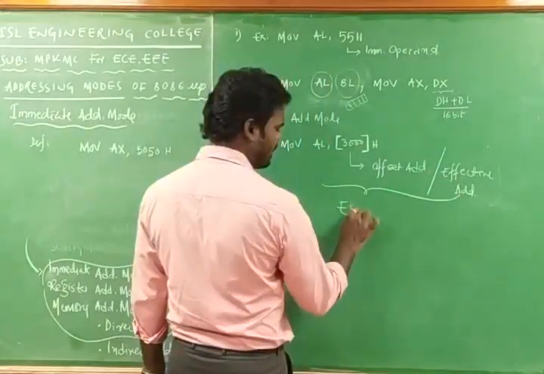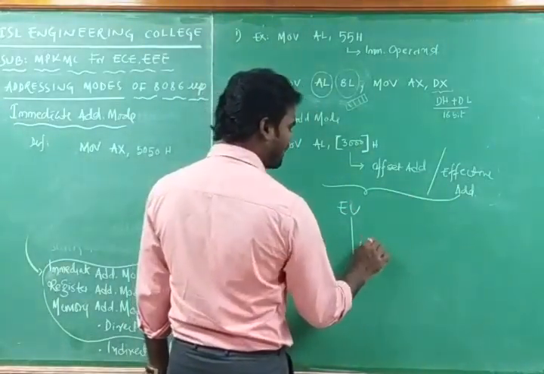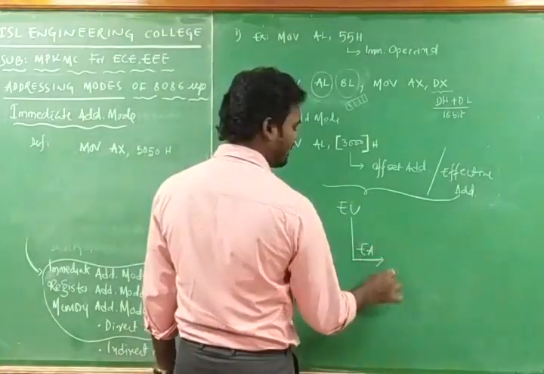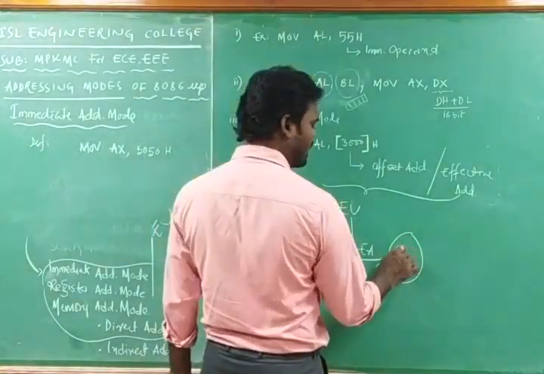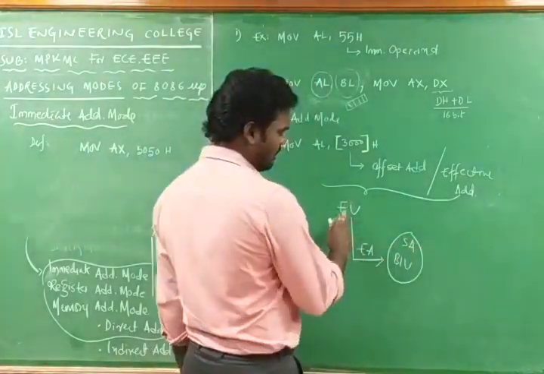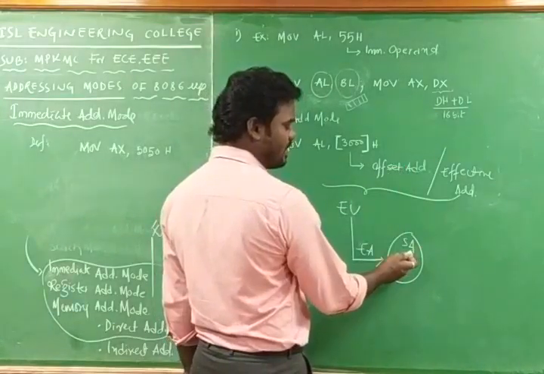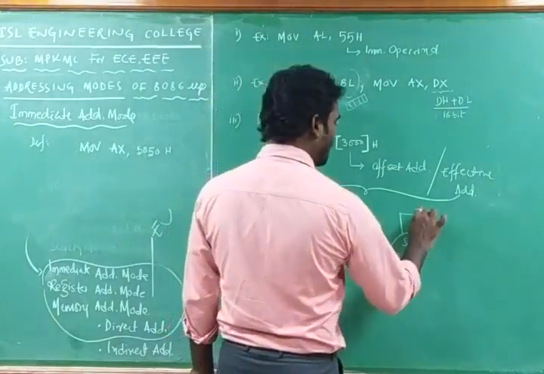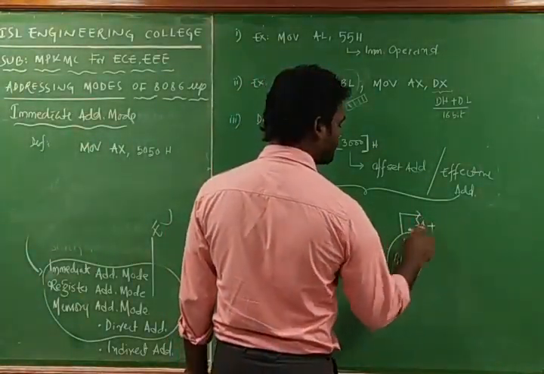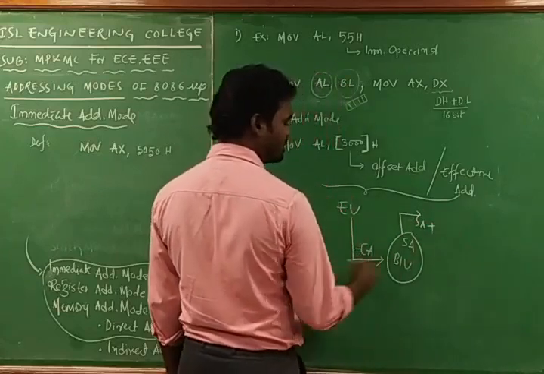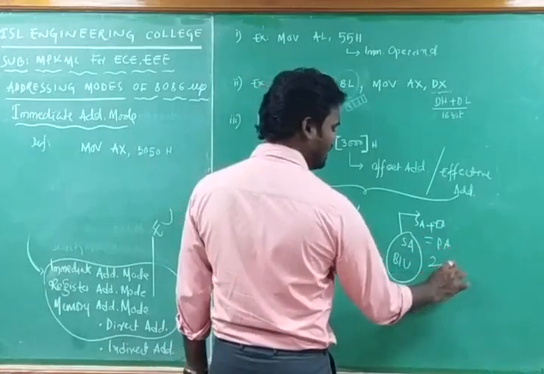The execution unit will give the offset address or effective address to the bus interfacing unit, where the BIU has the segment address. Now the bus interfacing unit generates the physical address, which is the segment address shifted left by 4 bits plus the offset address, that is the effective address. The physical address is 20-bit.